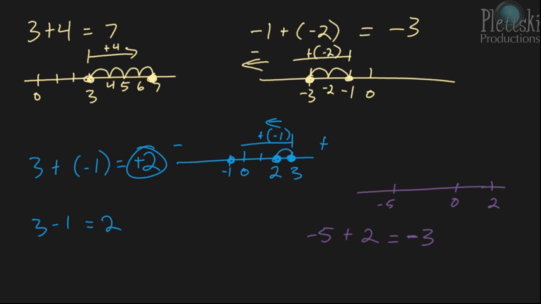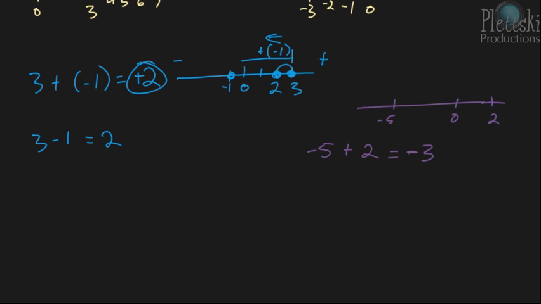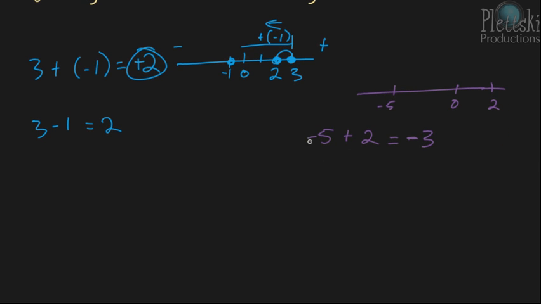And that's just the rule that you're going to do. You're going to look at the two numbers if they have different signs. So if one's positive and one's negative, you take the difference of those two absolute values. And remember, absolute value is the distance away from 0. So the distance away from 0 of -5 is just 5.